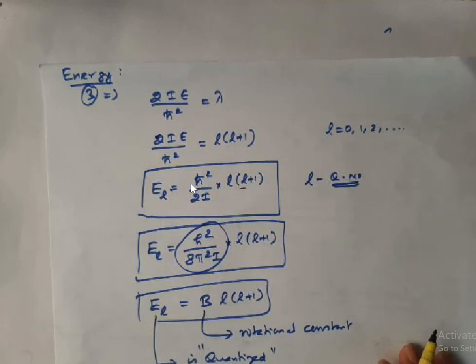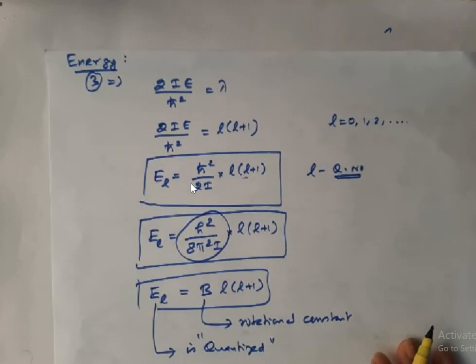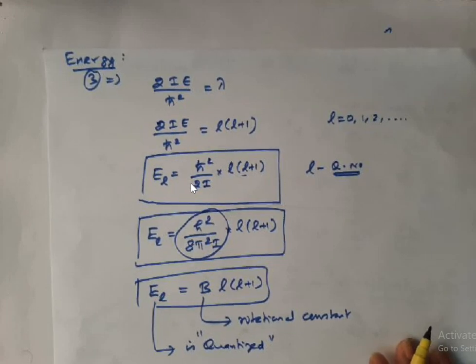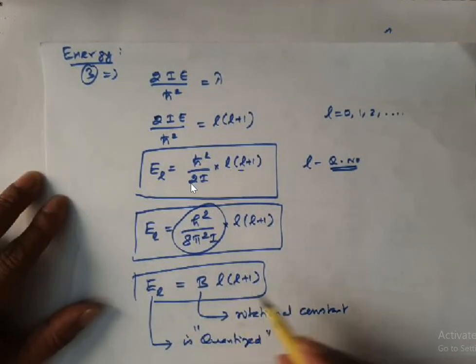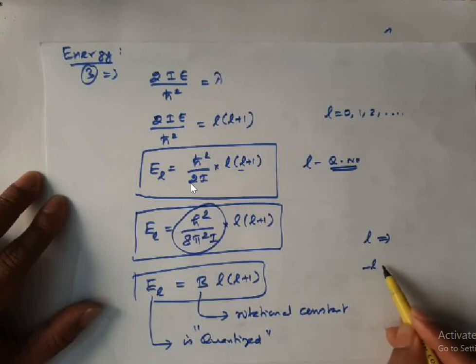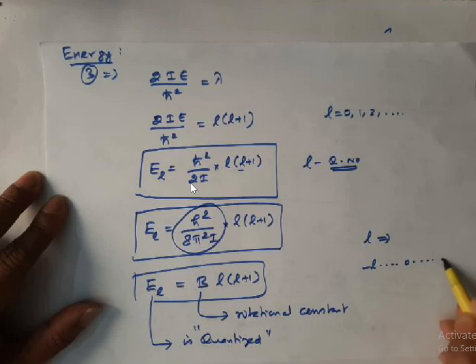So EL is quantized. Energy is quantized. This is actually the rotational kinetic energy for the particle moving on a sphere of constant radius, and it is quantized. This is the point you should keep in mind.